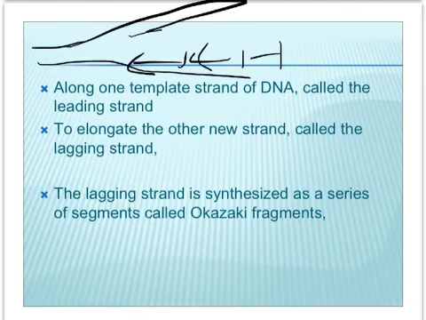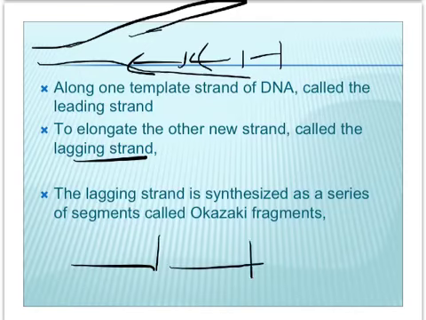One of the terms that you need to know is that on that lagging strand, you're going to get these Okazaki fragments. Okazaki fragments are a series of segments on the back side. Because they're incomplete sections, they need to be connected. And the connector is an enzyme called DNA ligase. It's DNA ligase.